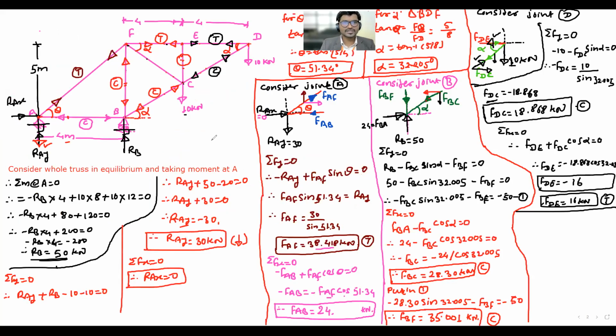So transfer that direction for FFC. At joint F it is downward, so at joint C it will be upward. So is the member in compression or tension? Tension. It's in tension.